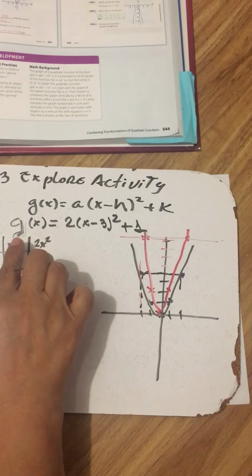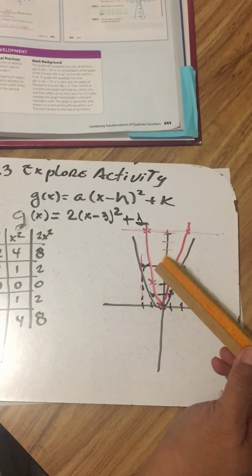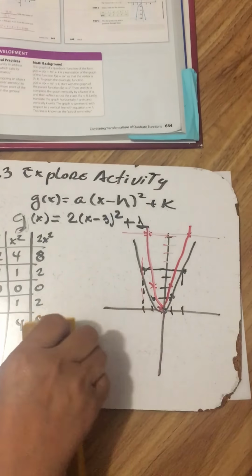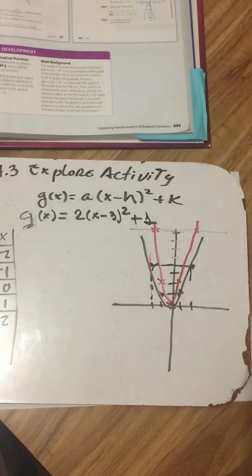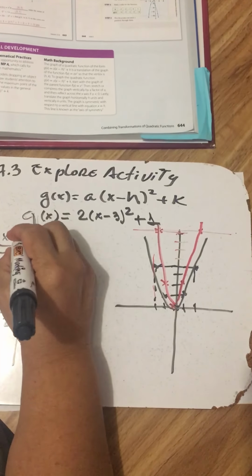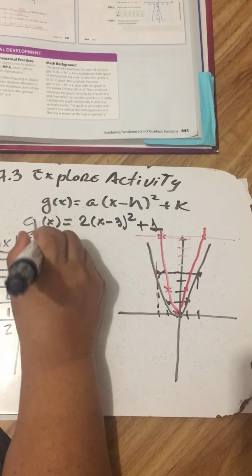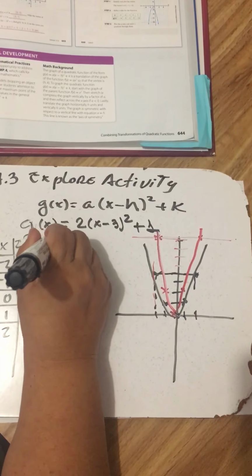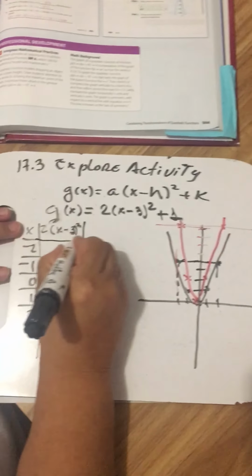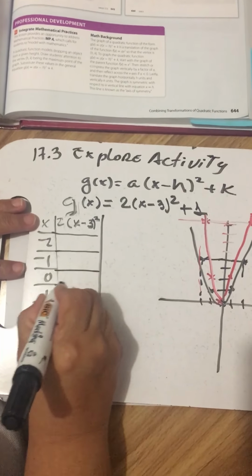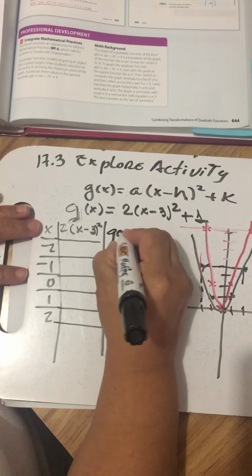Okay, now we want to leave the two graphs there, and we want to raise it to obtain the values of the next one. It's going to be 2(x - 3) squared, and then we want to add 1.